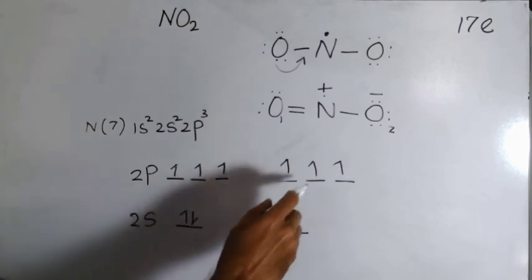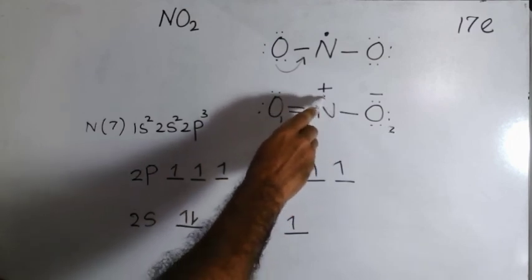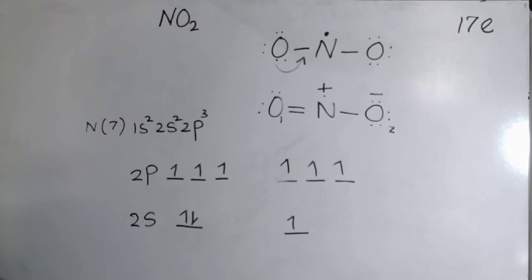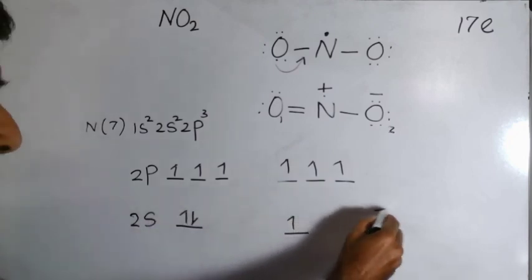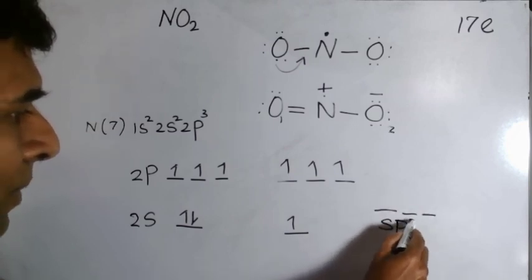So here 1 sigma bond, another sigma bond and 1 electron. So we have to have 3 hybridized orbitals. So we can take 1 from s and 2 from p as sp2.